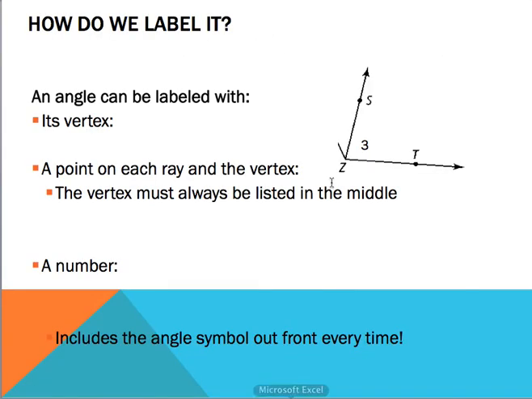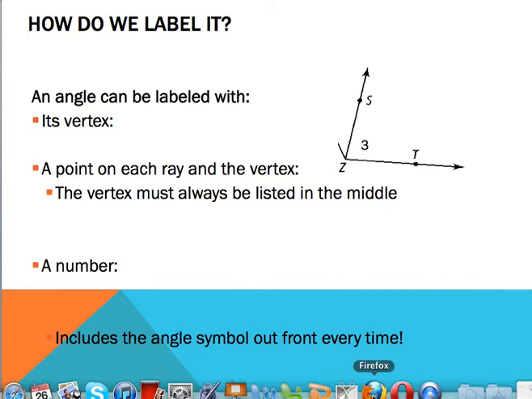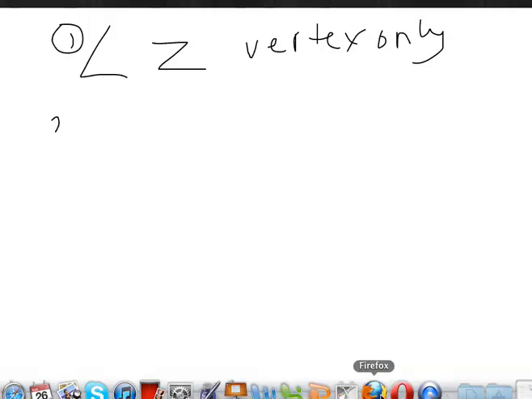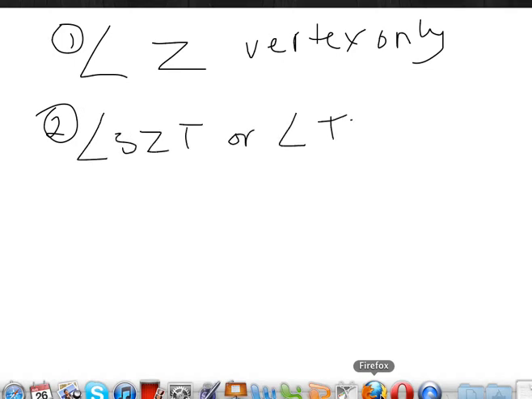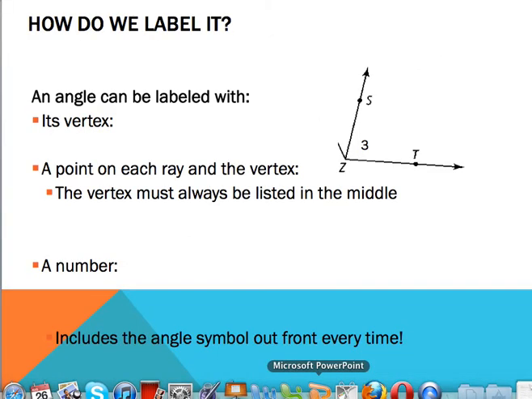Alright, the second way we can label it is by the points on the rays and the vertex, keeping in mind that the vertex needs to be in the center. So we could label it either SZT or TZS. So we would write SZT or TZS. Okay, that's your second way you could label it. And then your third is by the number.